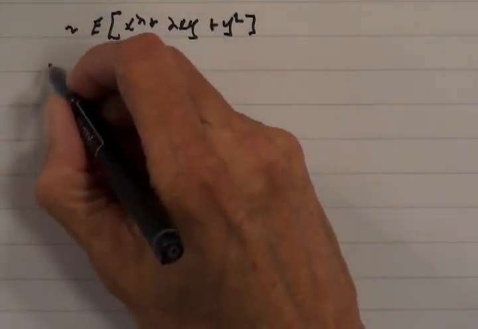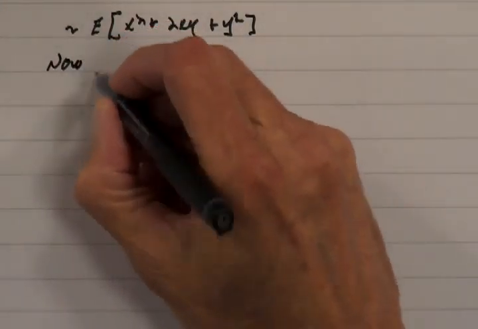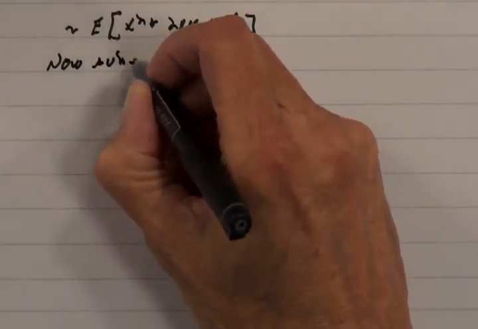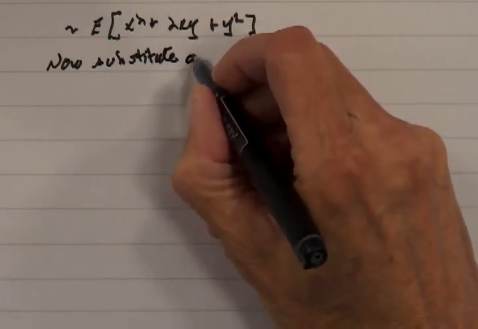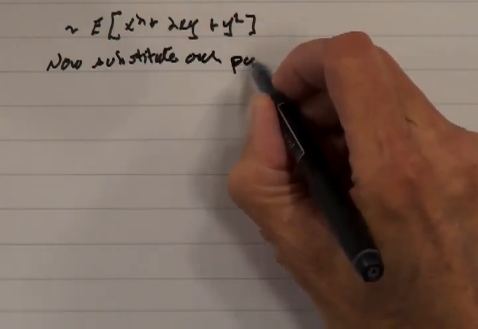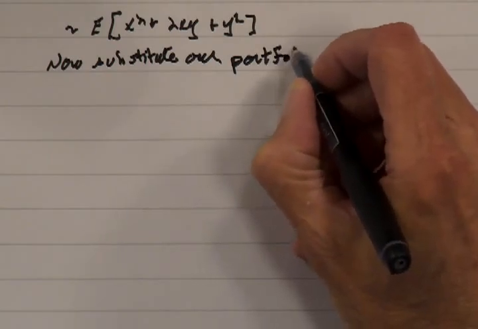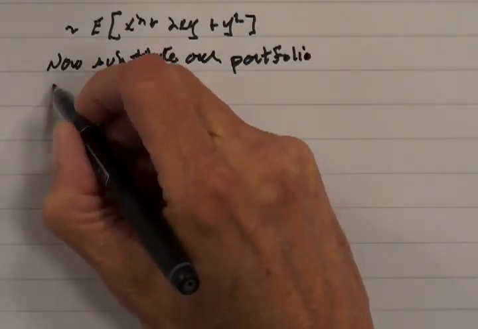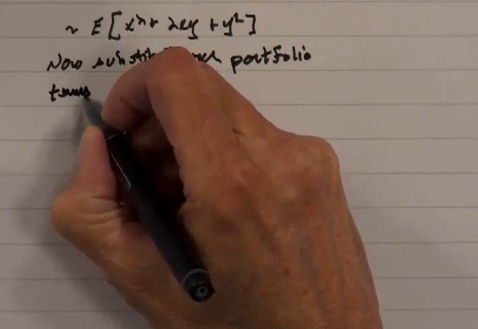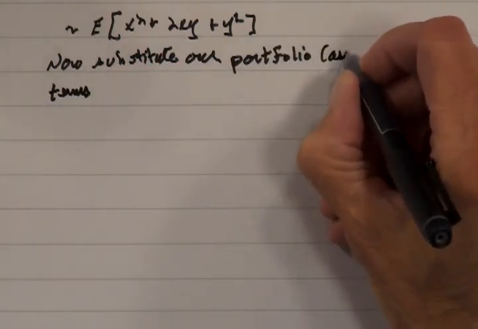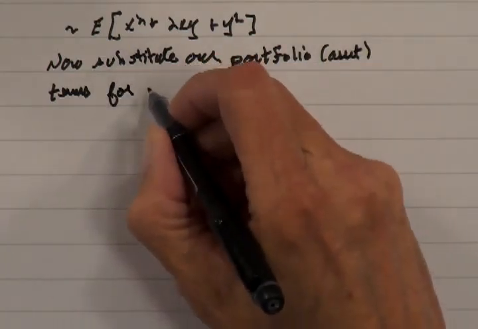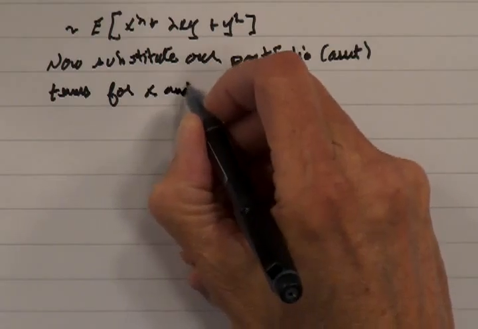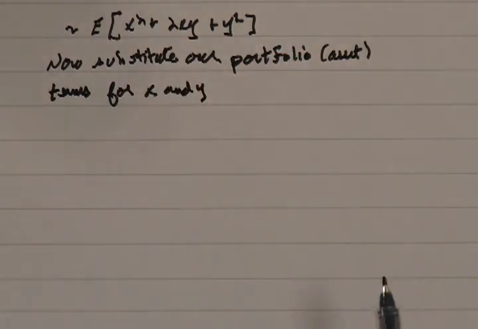Okay, so now substitute our portfolio terms, we could say asset terms, for X and Y. If we do that, then we get a nice expression here.